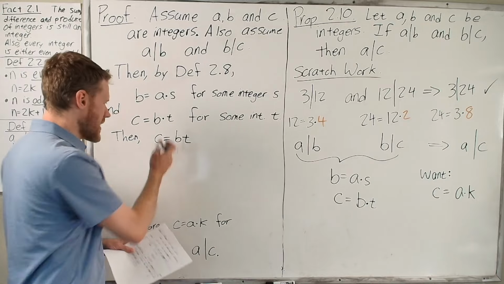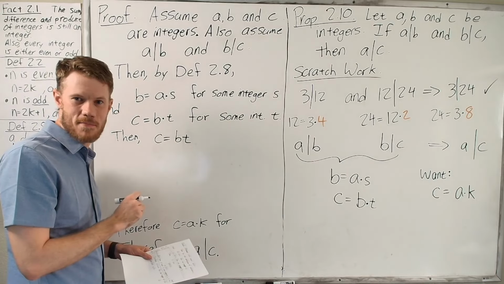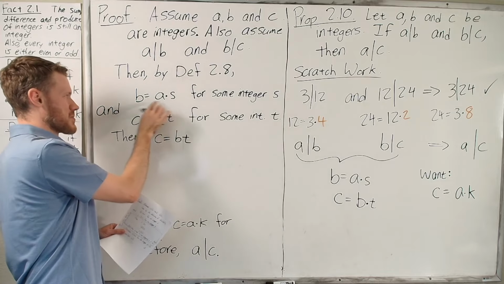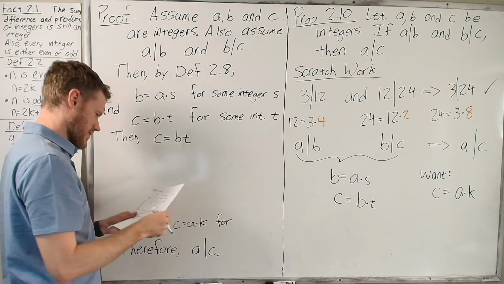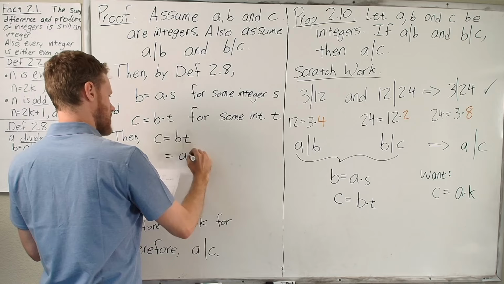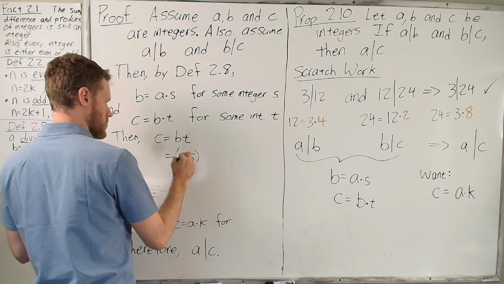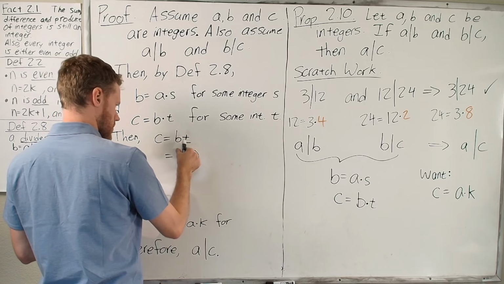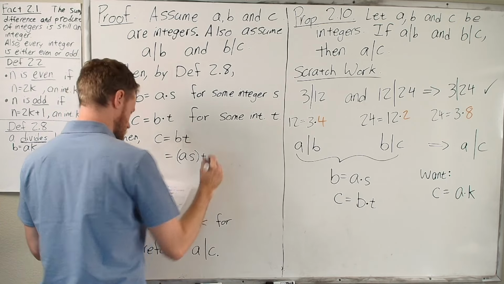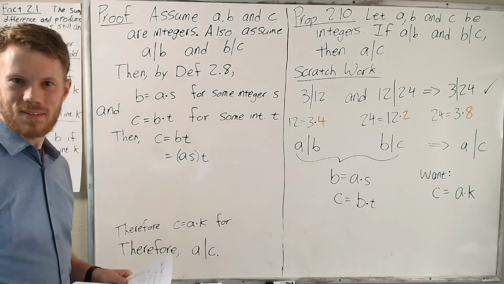So how do we get an a on this side of the equal sign? The other equation, right? We know what b equals in terms of a. Do you see? So this equals a times s. That's b. b equals a times s. And then we still have that t out there. Got it?